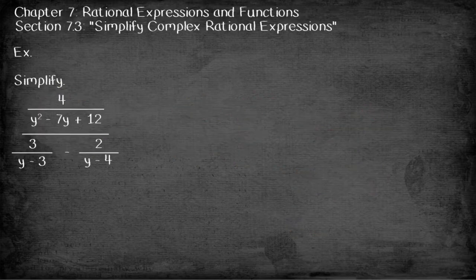Okay, well, let's see here. I think I want to take a similar approach to this one. Clear the fractions by multiplying by a common denominator. First, I've got to figure out what that is, though. So I'm going to factor the top expression.